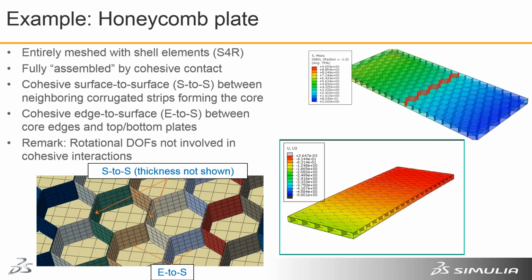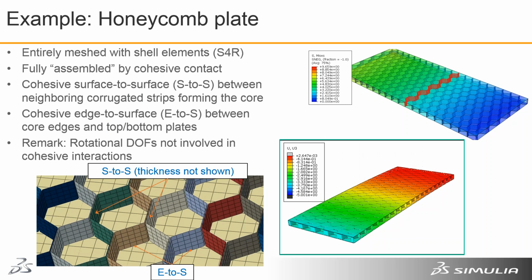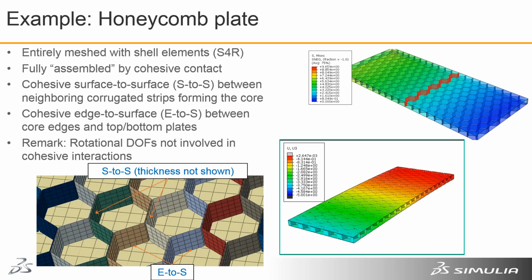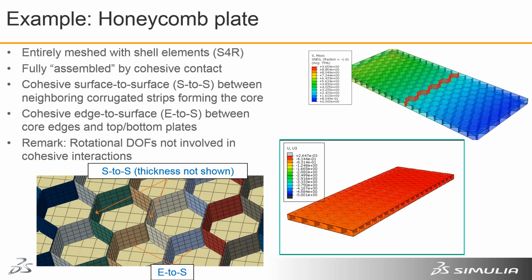A really pretty example of that, one I really like, is this honeycomb plate. If you look at the overall picture, it doesn't look that exciting, but when you look at the zoomed in picture, you can see that the DS people have built a proper representation of the honeycomb using shell elements, and it's not using a continuous mesh.